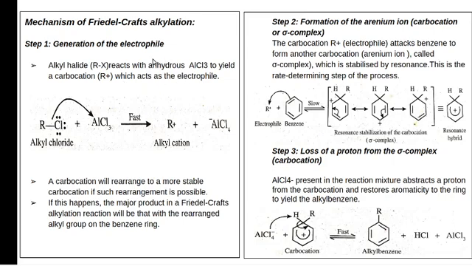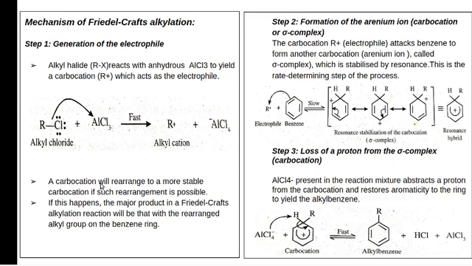So in Friedel-Crafts alkylation, the electrophile is a carbocation R+. Alkyl halide on reaction with anhydrous aluminum chloride gives the alkyl cation and the base AlCl4 minus. This base will react in the last step, the third step.